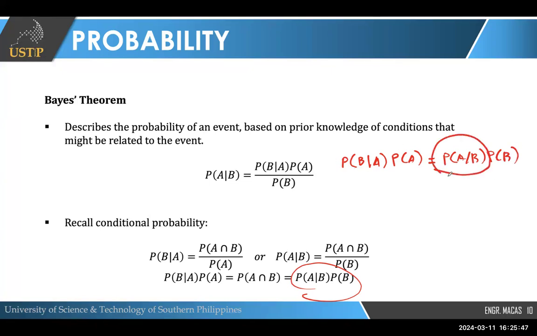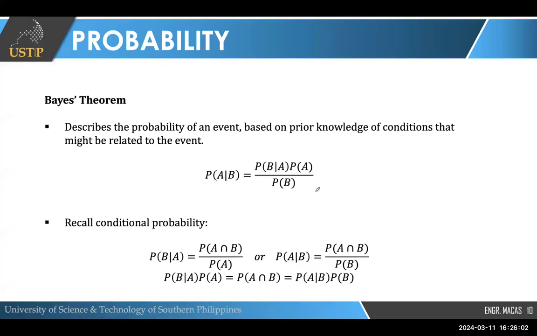If you want to get this, you just divide both sides by P of B. Or kung gusto nimo kanang isa, then you divide both sides by the probability of A. So basically, dali ra siya hinumduman class. Okay, so this is the Bayes' theorem.